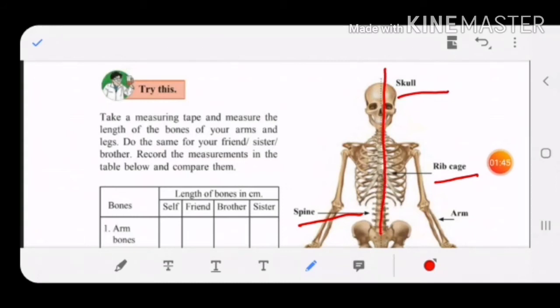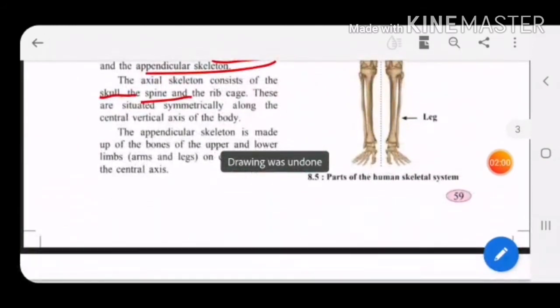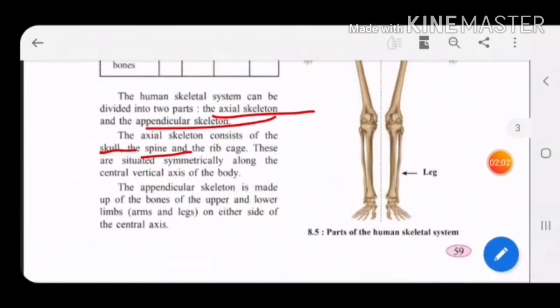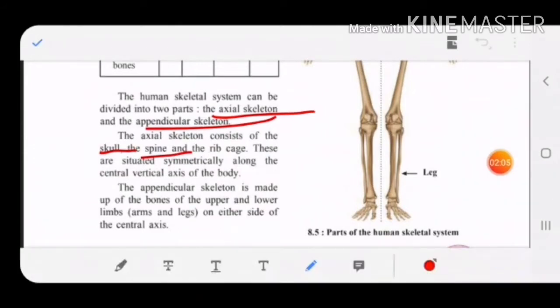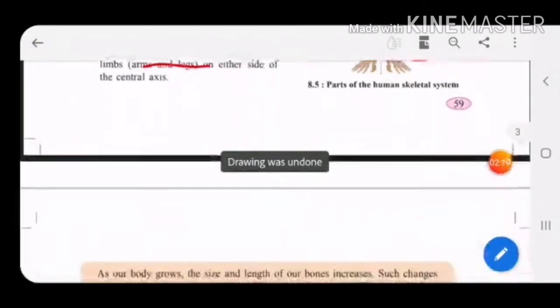Let's move further. The second one was the appendicular skeleton. It is made up of the bones of the upper and lower limbs, that is arms and legs, which are situated on either side of our central axis. So let us study in detail further.